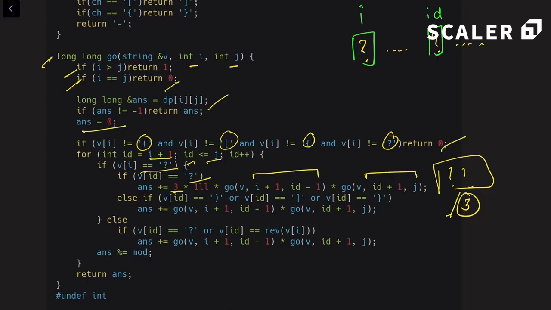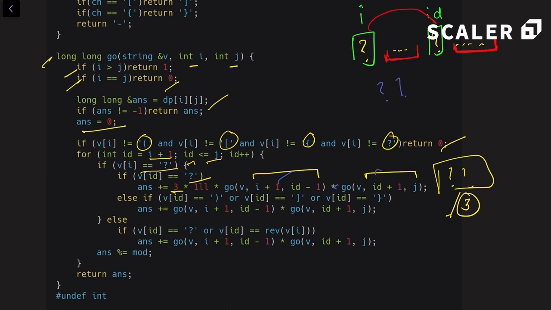If I consider this as a pair, then I need to recur for i plus 1 to id minus 1, that is this string, and id plus 1 till j, and that is this string. So I need to recur for these two strings, right? So that's why I'm recurring for these two strings and I'm multiplying the number of ways in which we can solve these two subproblems, right? After that, I'm multiplying it by 3 because we can solve our current subproblem in 3 ways.